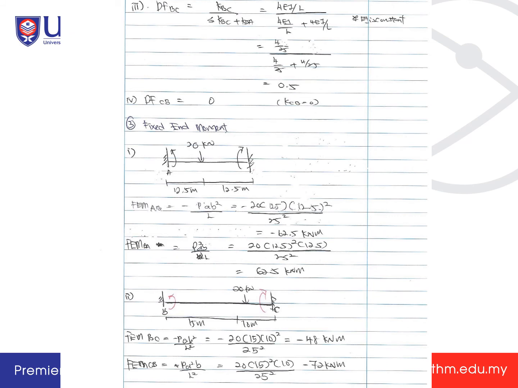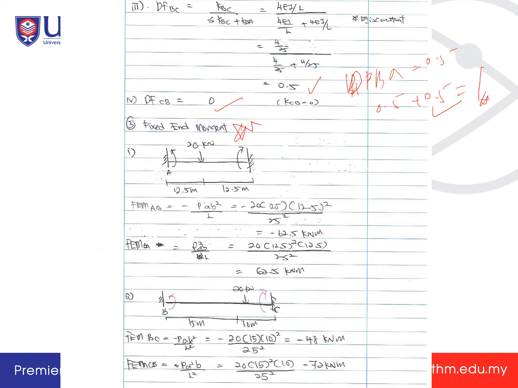And then DFBC is also 0.5. You can check: DFBA is 0.5, so 0.5 plus 0.5 equals 1. So it is okay. DFCB is also 0, it's fixed end. After you get all this, you will calculate the fixed end moment, same method as just now.